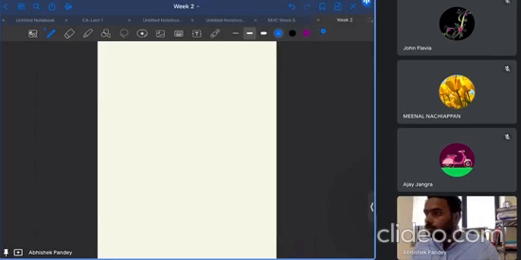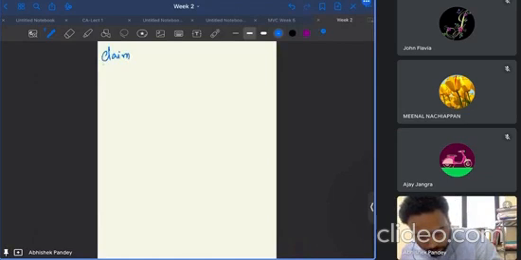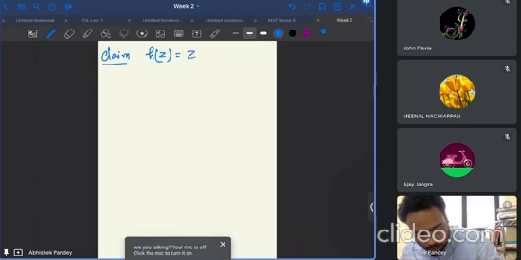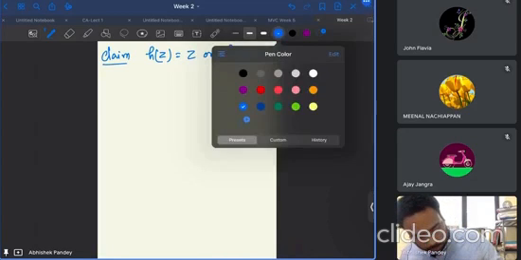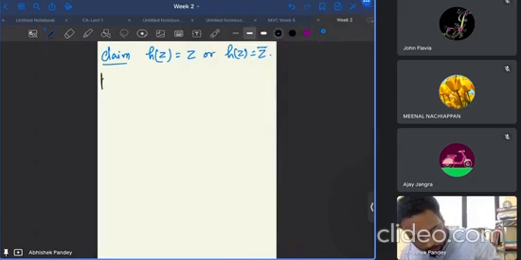Okay. So now the claim is that h is either of the form h(z) equals z or h(z) equals z bar. Now how to prove this? Proof of the claim.